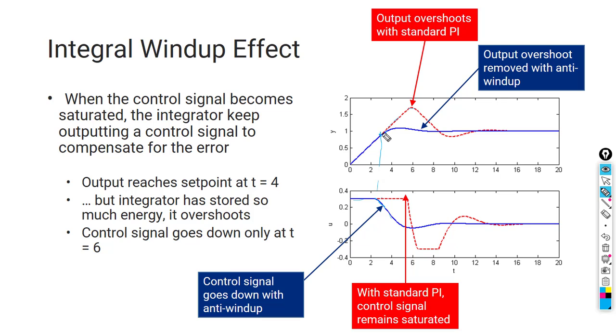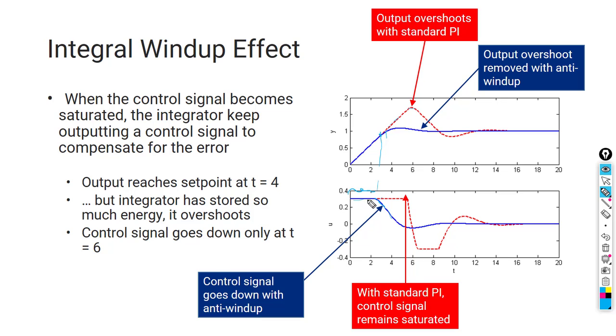I don't need it anymore. I'm already at the set point, so I need to go back. But if I'm not considering the anti-windup effect, I will keep saturating. My control will keep providing saturation, because I already accumulated during this stage.